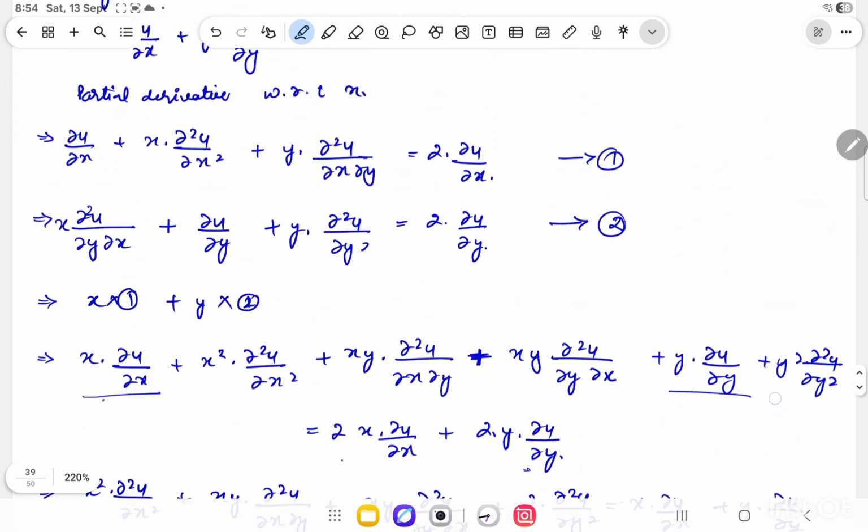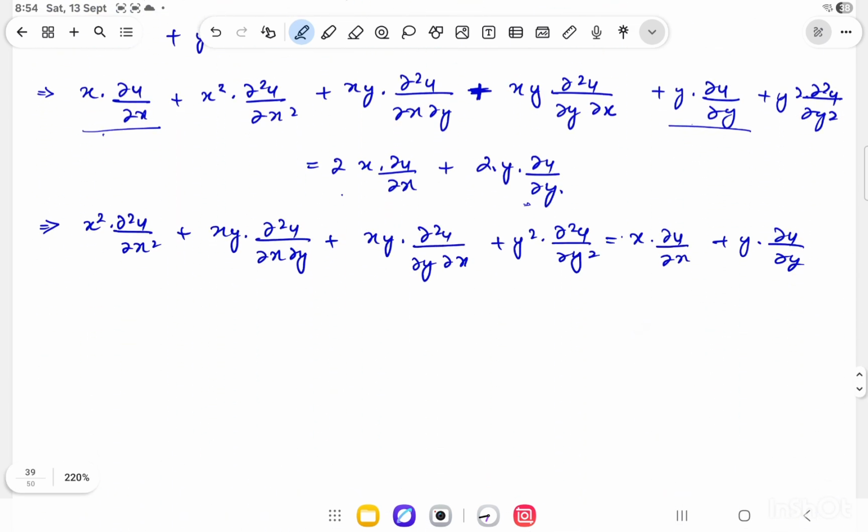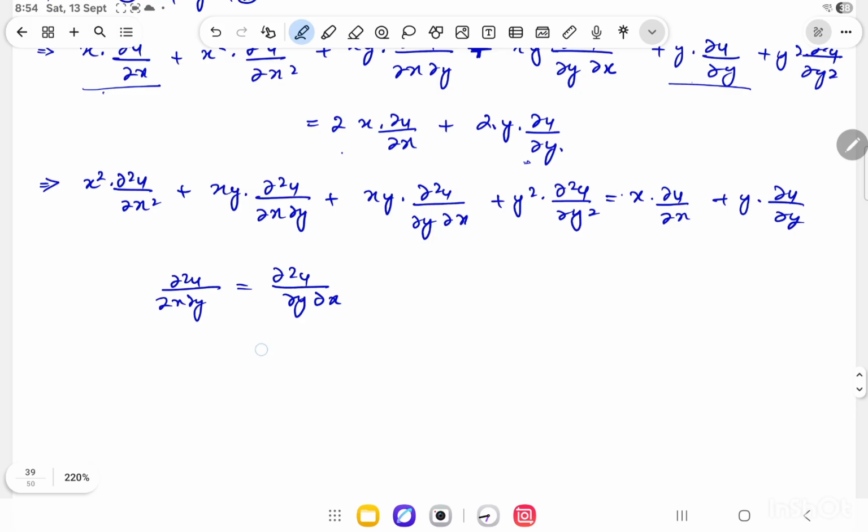So if you observe, our function u is basically a continuous function, and we know that for continuous functions, del square u by del x del y is the same as del square u by del y del x. So we'll use this relation here.